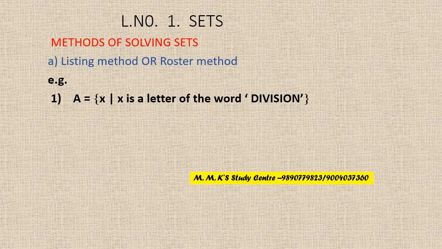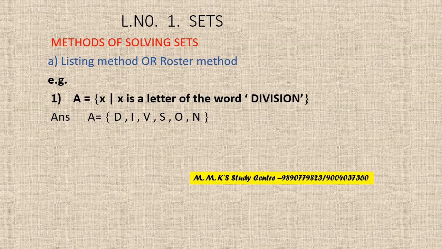So your answer will be A equals {D, I, V, S, O, N}. Here you will not write I 2 times or 3 times. You have to write it only once. It means that while writing in the listing method, we should avoid the repetition of letters.